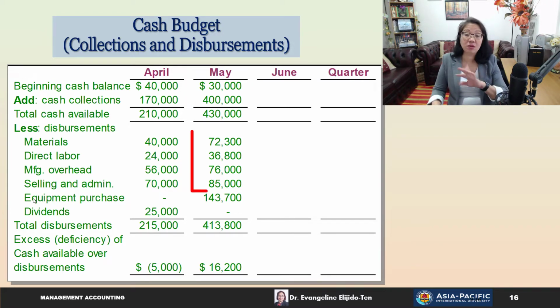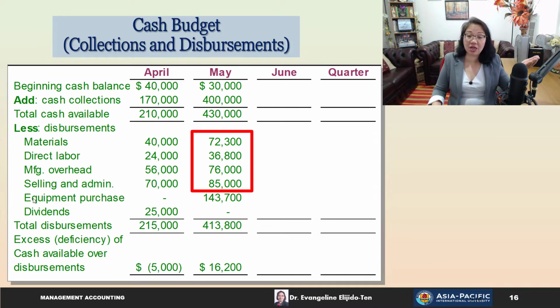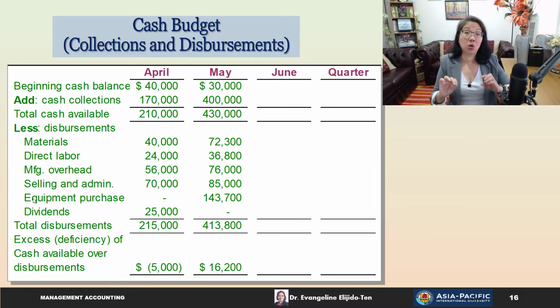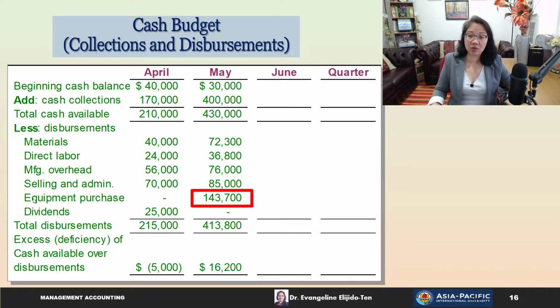Again, we'll get that information from materials, direct labor, manufacturing overhead, selling and admin expenses from those detailed budgets prepared earlier. And then we will also include here the equipment purchase for May amounting to $143,700.